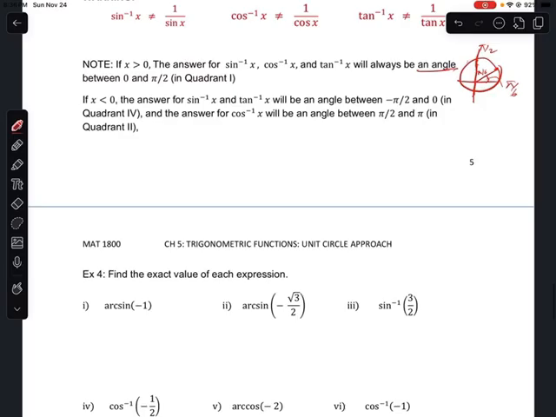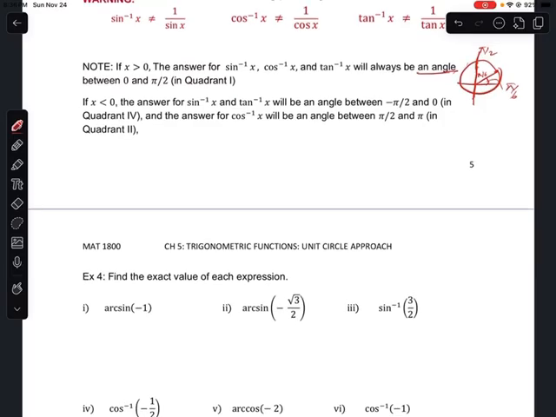Similarly, for the tangent, we have 2 positive values in here, and then 1 0 value. So notice here that if x is greater than 0, in other words, if x is positive, the answer of sine inverse x, cosine inverse x, and tangent inverse x will always be in the first quadrant.